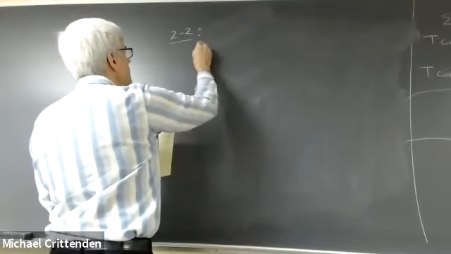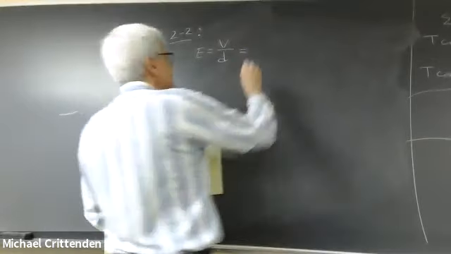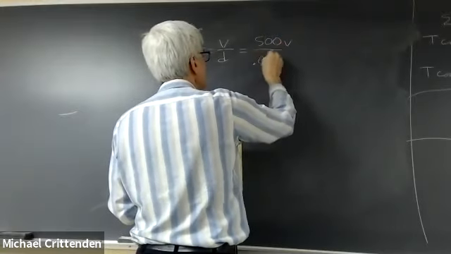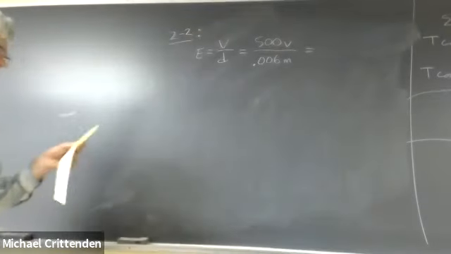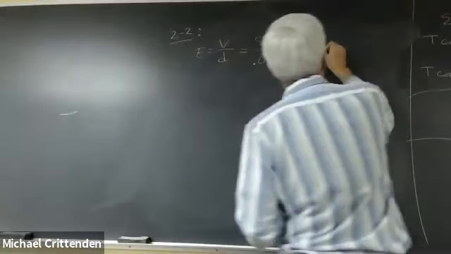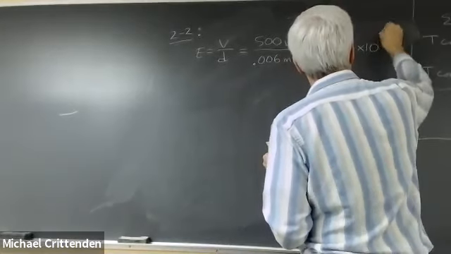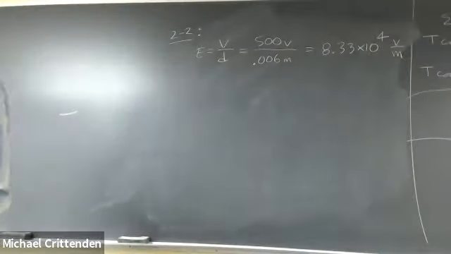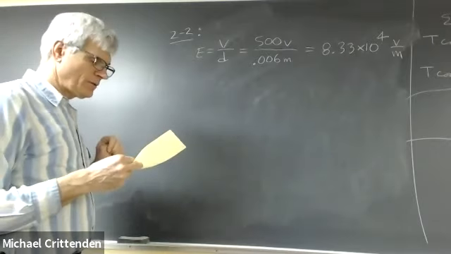Okay. 500 volts, separated by 0.006 meters, gives 83,300 volts per meter. That's the strength of the field between these two metal plates.